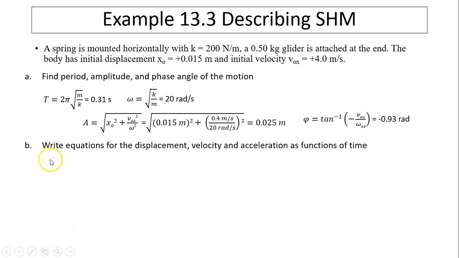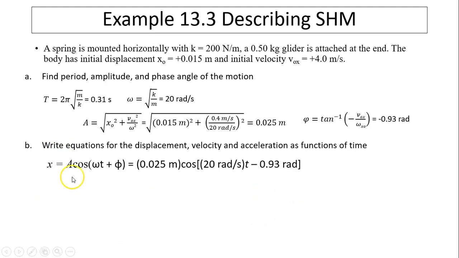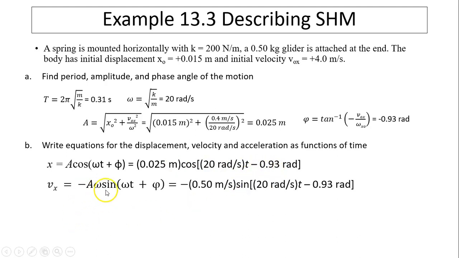Okay. Next one, write the equations for the displacement, velocity, and acceleration. Displacement is A cosine of omega t plus phi. We substitute A, we substitute omega, we substitute phi. And v equals negative A omega sine of omega t plus phi.